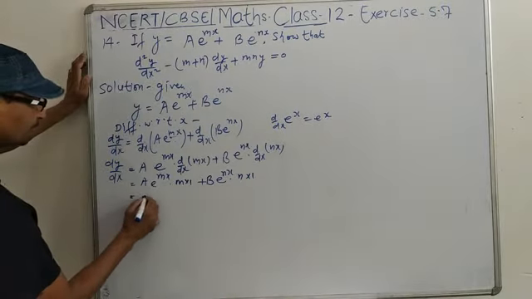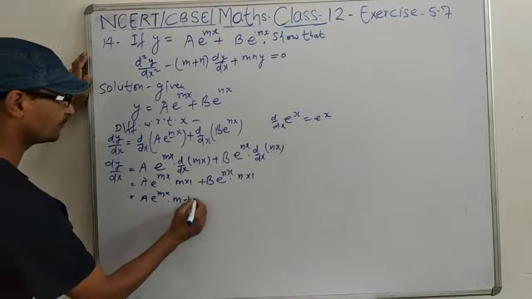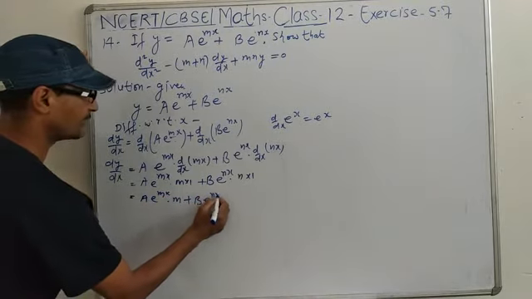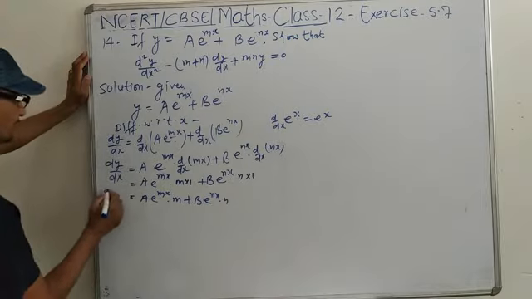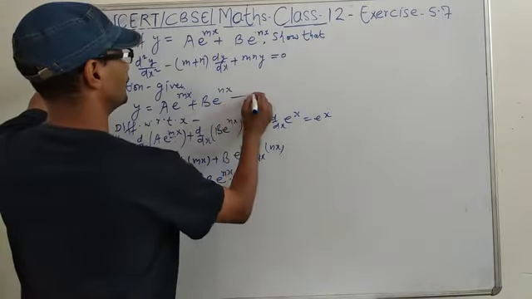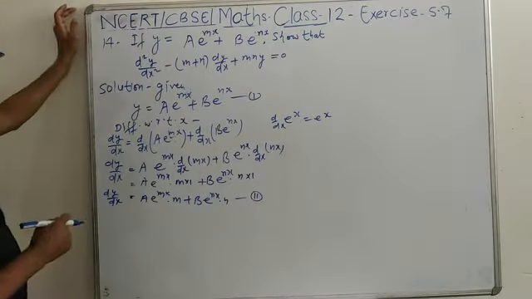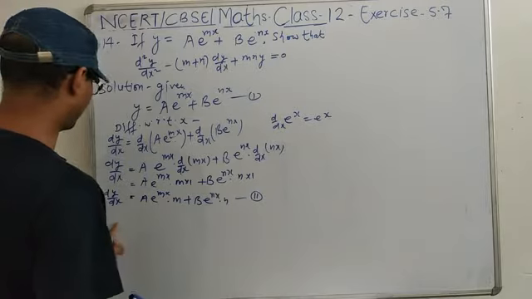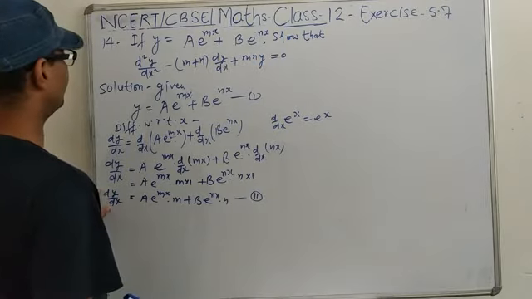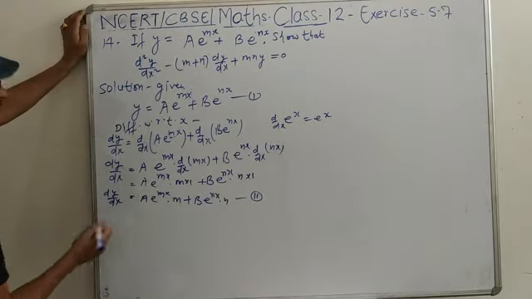So we have dy by dx equal to a e power mx into m plus b e power nx into n. Suppose this is equation 1 and this is equation 2, and we try to get the third equation, the second order derivative. Now again differentiate with respect to x.